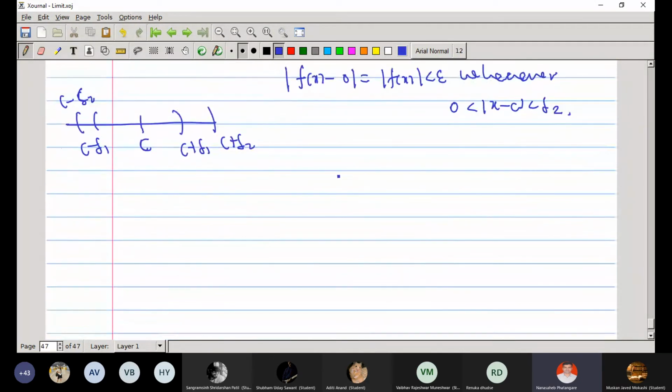So what is the proper choice for delta? The minimum of delta 1 and delta 2, because if you choose the smaller of them, both things are true. So choose delta equal to the minimum of delta 1 and delta 2.